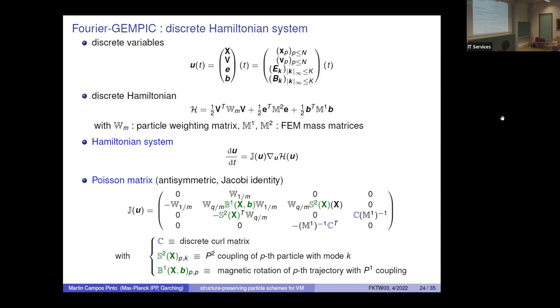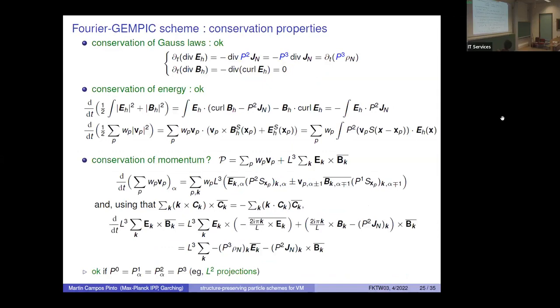And having the Poisson matrix written here explicitly is interesting if you want to do some Poisson splitting or Hamiltonian splitting. So for the time schemes, Hamiltonian splitting consists in writing subsystems, substeps, by using subparts of the Hamiltonian, or you could also split the Poisson matrix into different skew-symmetric matrices, and these will give you different time schemes that preserve some invariants.